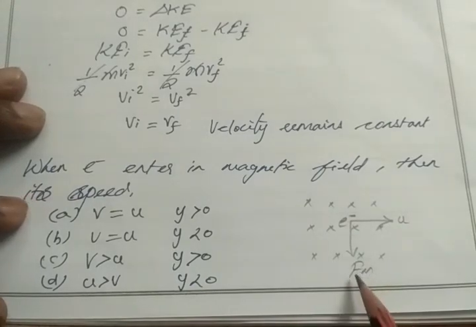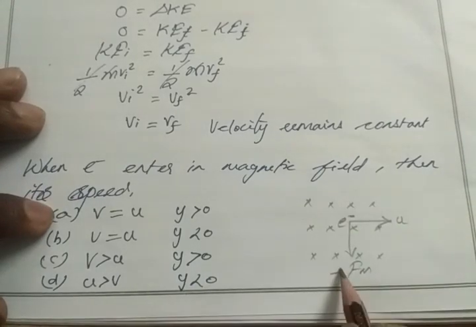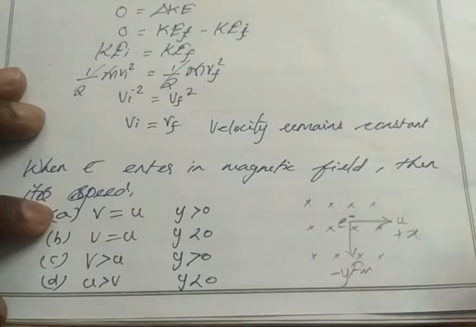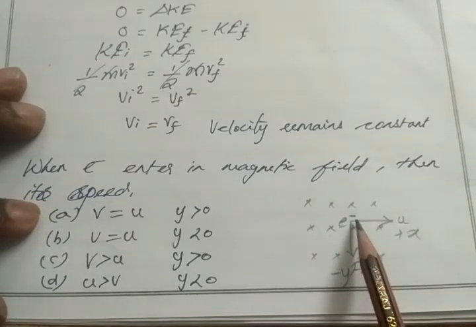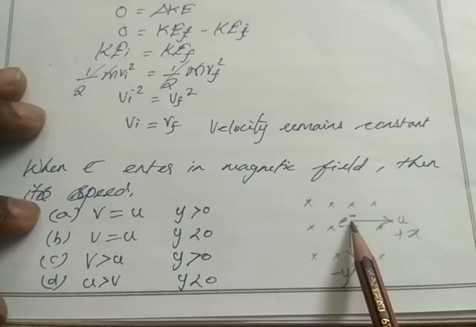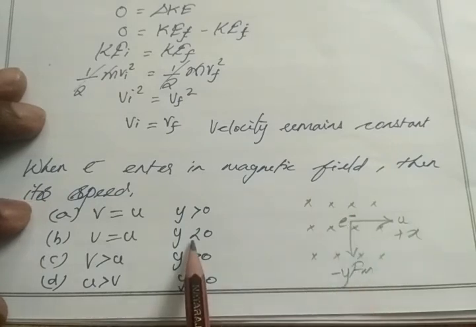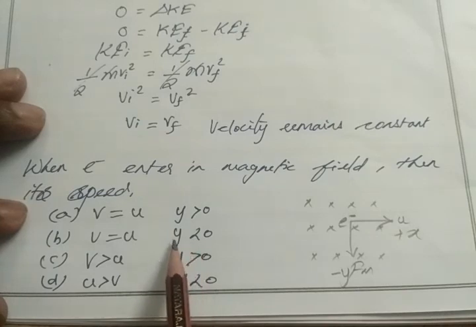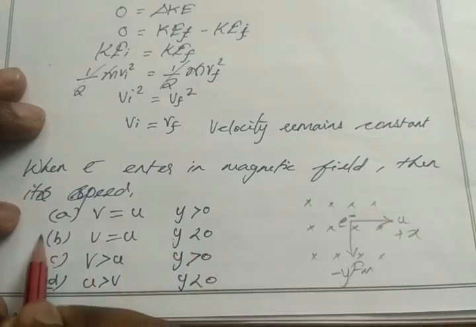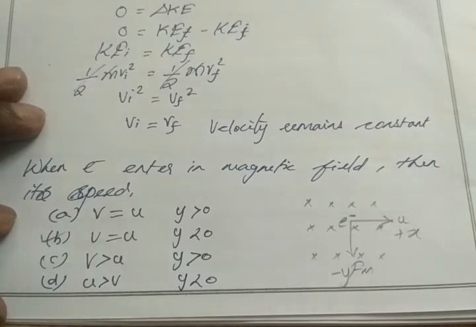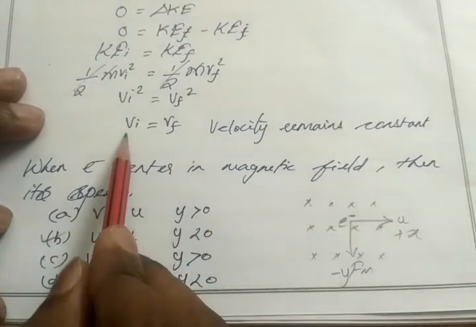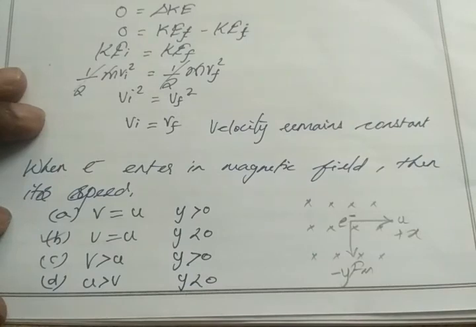Since I get force in the negative y-axis, that is, the Lorentz force acting on the charge is in the negative y-axis, y value should be less than 0. So option B is correct. From this, the conclusion is the velocity in a magnetic field should be equal at all places. Initial velocity as well as final velocity should be equal.